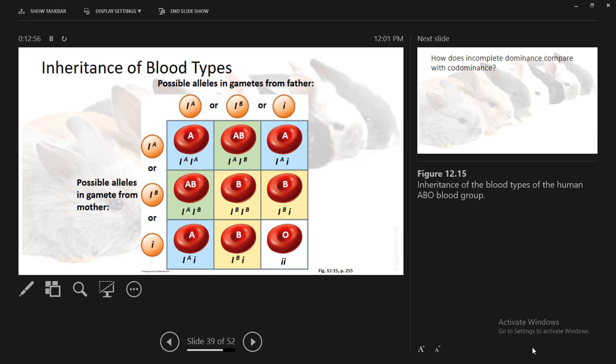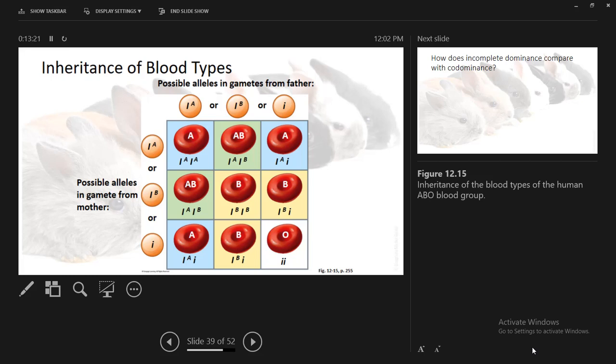And they wrote I as lowercase to show that it's O, which is recessive to both. The capital I shows that it's dominant, but then they noted A and B are codominant. This is any random individual pulled from the population. They basically could give 3 different options in their gametes. Any random female pulled from the population could give 3 different types of gametes, and then you cross these.